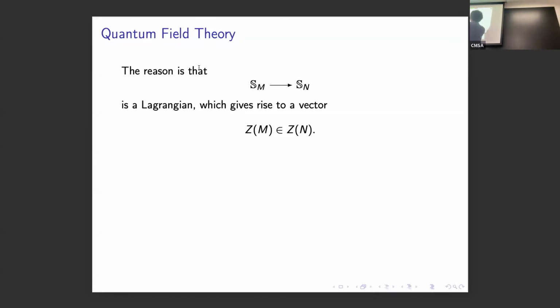Another way of thinking about this vector that you've associated to the manifold with boundary is that if you think about the solution space on the manifold M, and you restrict it to the space of classical fields on N, then typically this has the structure of a symplectic manifold, and this will be a Lagrangian submanifold: the space of solutions to the field equations. That's what M is, and S_N is the space of initial conditions.